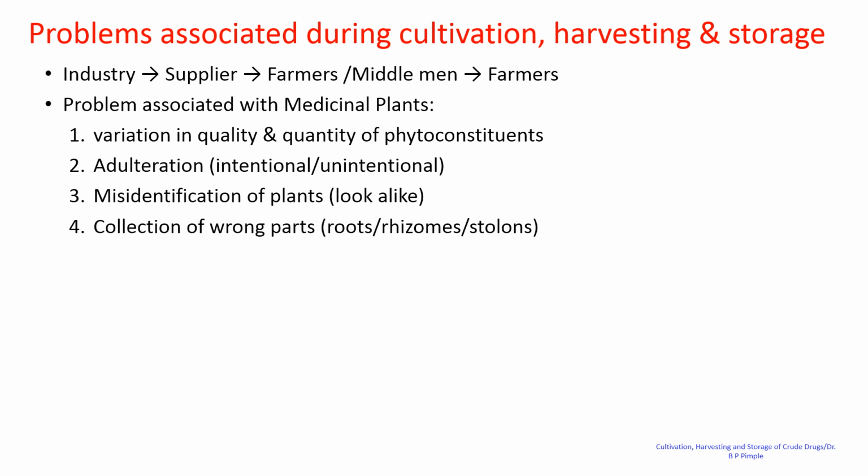Very similarly, if seeds are concerned, let us take an example of Nux vomica. If you read the biological source, it says it consists of dried and ripe seeds. Many a time the ripe and unripe seeds are mixed together by the collectors, because Nux vomica is not cultivated by the farmer, but collected from wild sources, from tribal people.